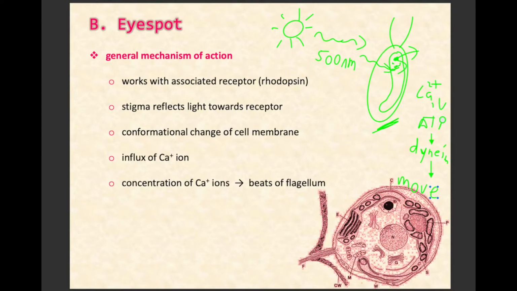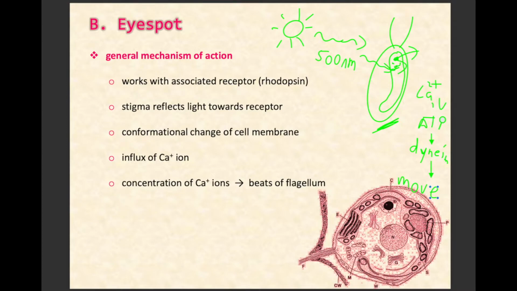So the general mechanism of action: the wavelength of light will be captured by the photoreceptor and some lipid droplets. Your lipid droplet aids in bouncing certain wavelengths of light towards the photoreceptor, so it acts somehow as a magnifying glass or a mirror.